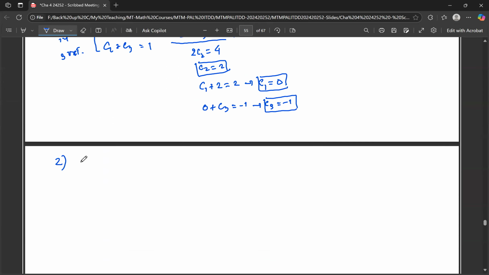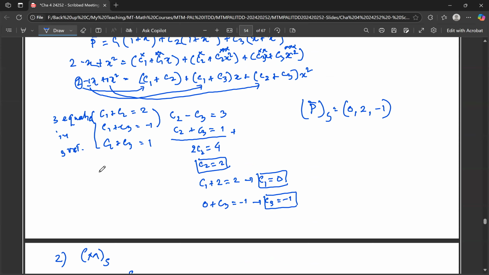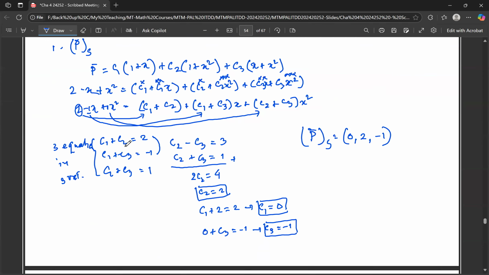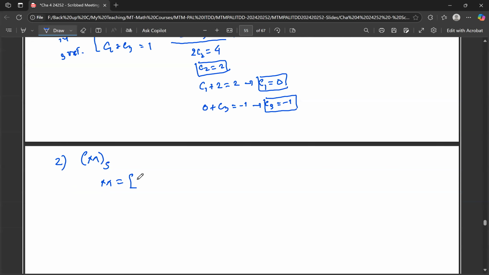And for number two, you must find the coordinate relative of vector M with respect to S. M is the matrix 2 0 minus 1 3, and the set S has 4 vectors.